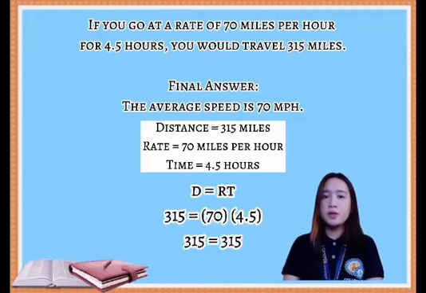Distance is equal to rate times time, so 315 is equal to 70 times 4.5. 70 times 4.5 is equal to 315. Therefore, we get the correct answer.